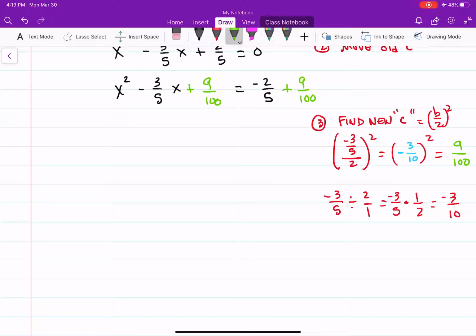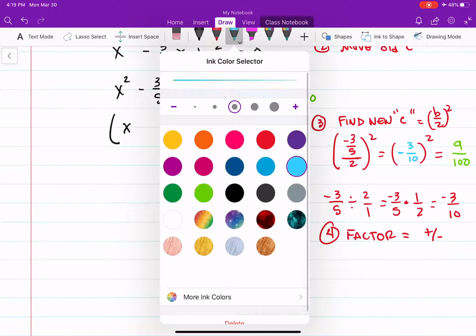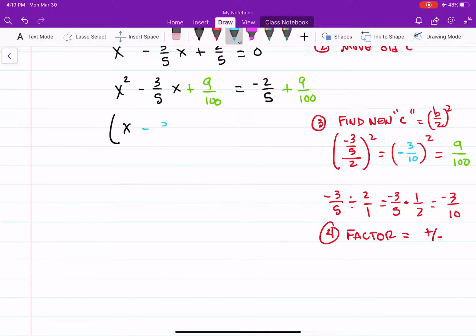All right. Step 4, factor the left side of the equal sign, and on the right side of the equal sign, add or subtract. So the left side is going to be x minus 3 over 10 squared is equal to, I need common denominators.